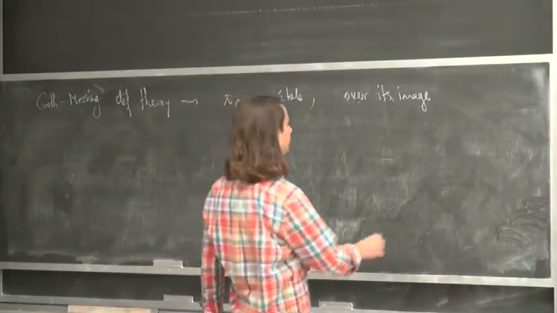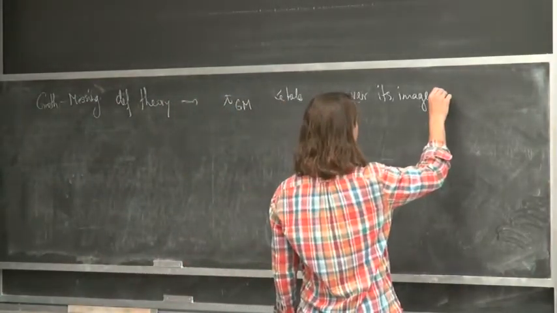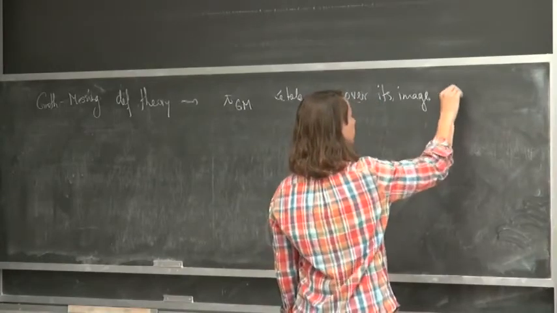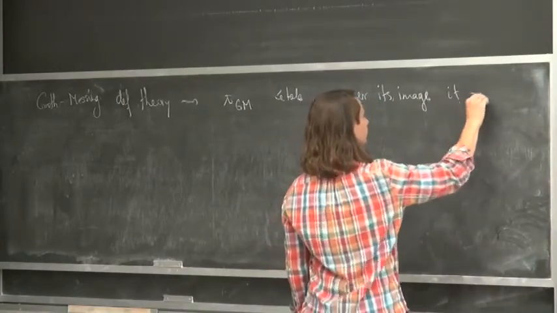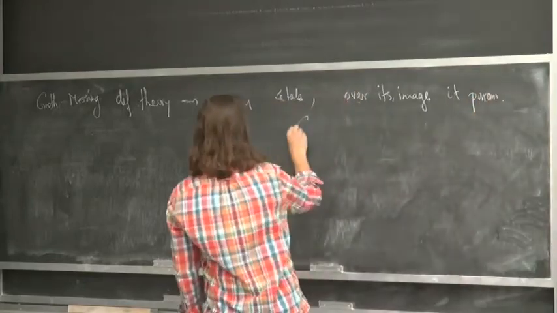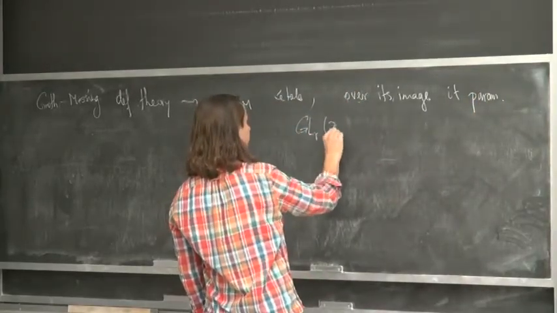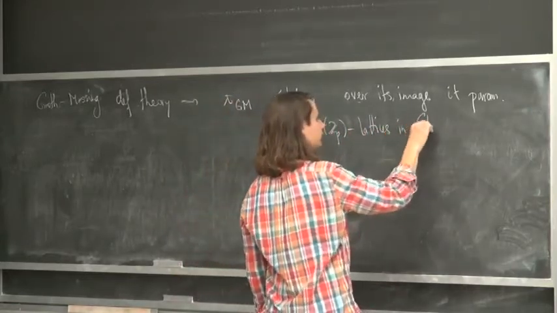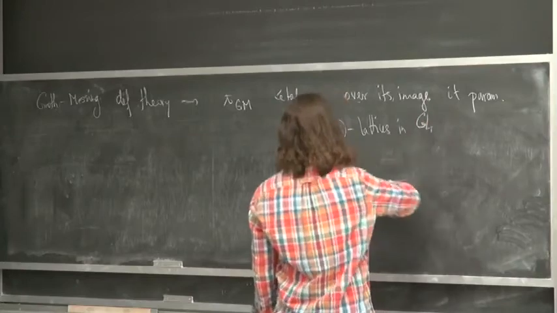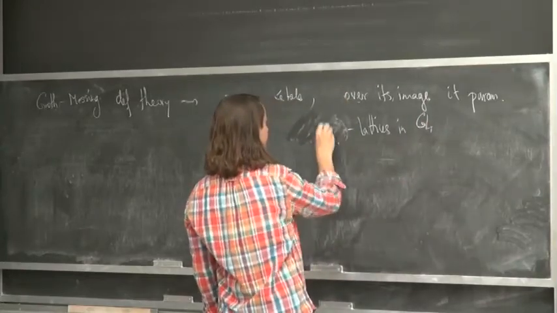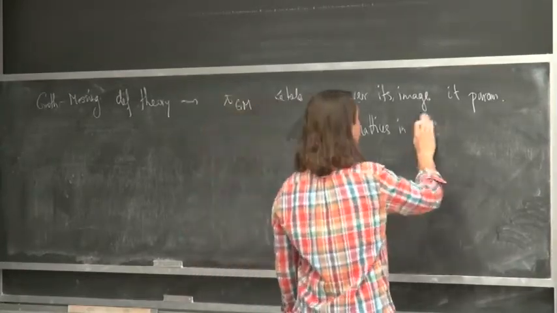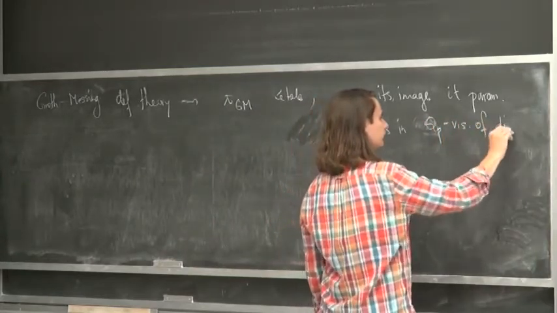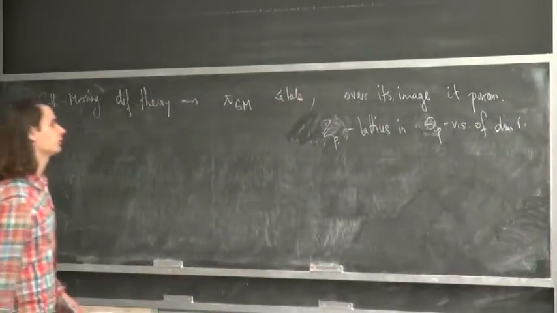And so over its image, it parameterizes p-divisible groups inside one p-power isogeny class. And so that's equivalent to saying it parameterizes Z_p lattices in a Q_p vector space of dimension r, or in a Q_p local system of rank r if you want.